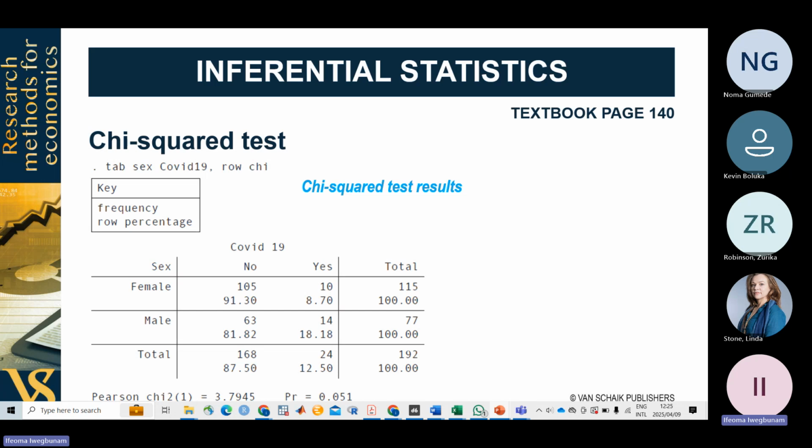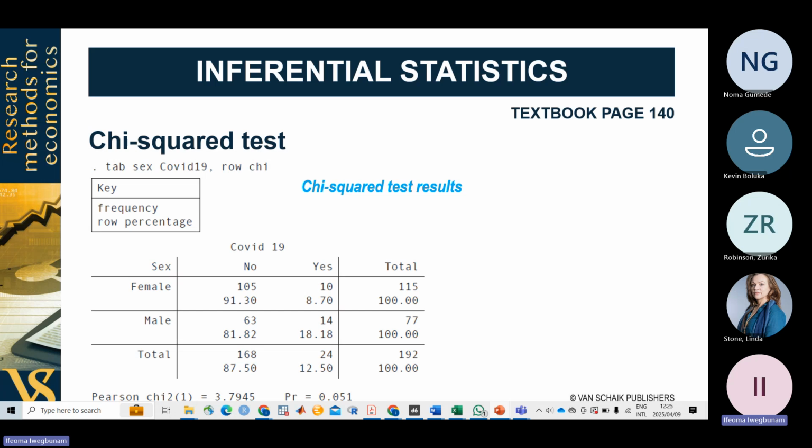This is also a chi-square test. Looking at the chi-square test, you will see the sex. We are looking at just the sex of COVID-19 patients, and to be able to understand probably the percentage of male students, or the frequency of male patients, female patients, and also the total number of the patients that have COVID-19.